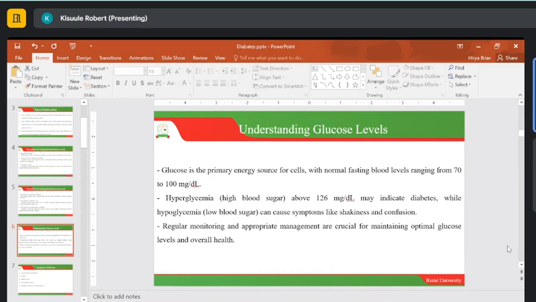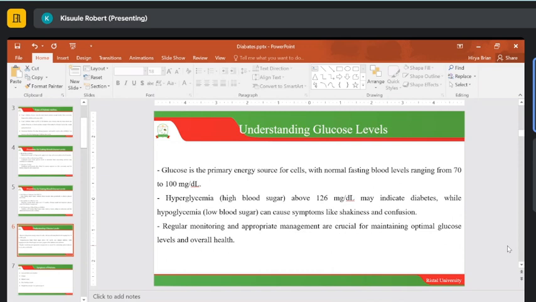Yeah, and so hyperglycemia, or you could call it high blood sugar, or high levels of sugar in blood, is above 126 milligrams per deciliter, and this may indicate diabetes.